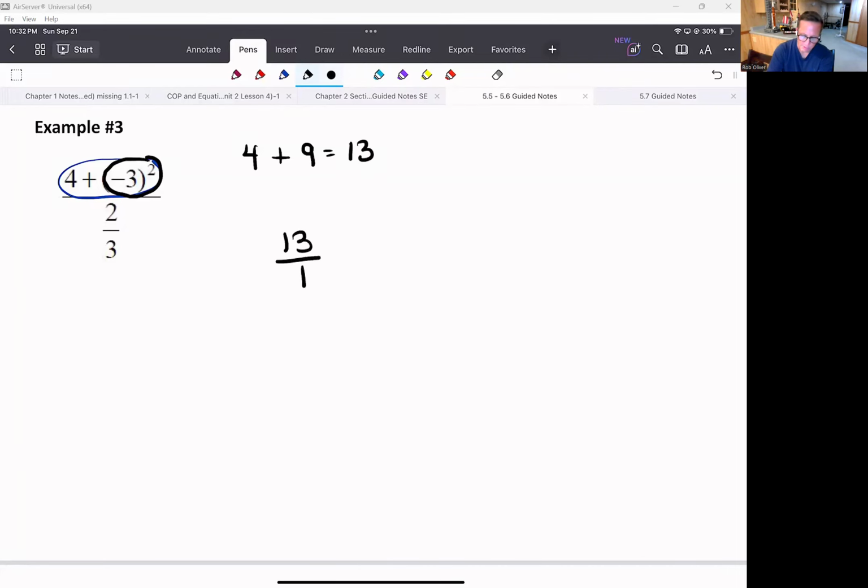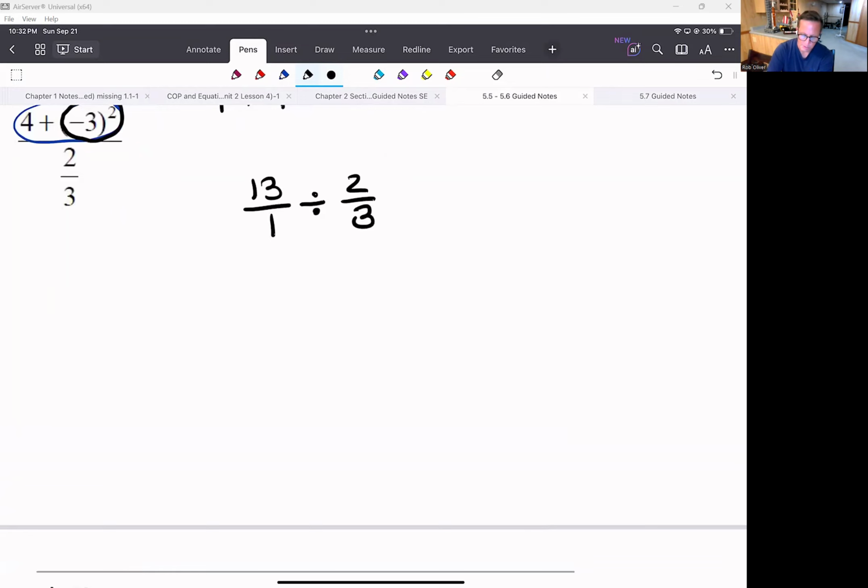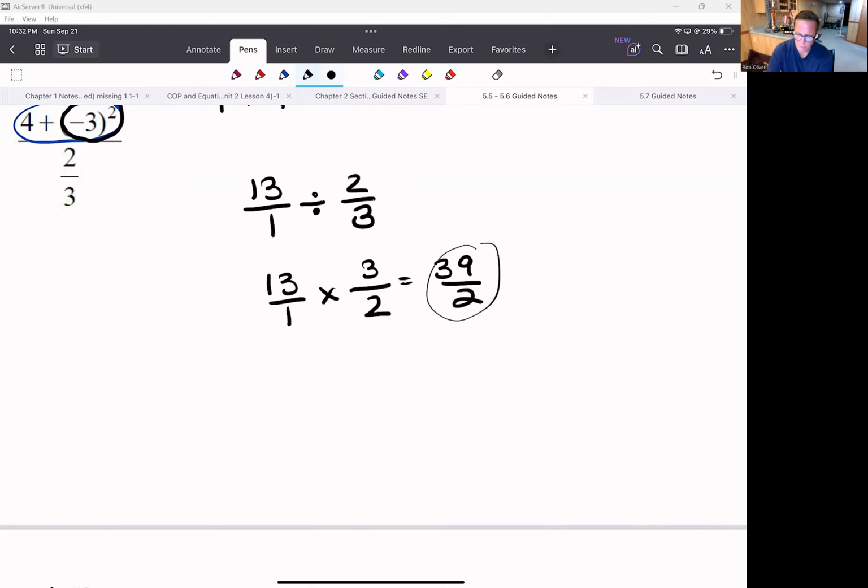I'll write it as division. 13 divided by 2/3. Keep, change, flip here. And that comes out to 39 over 2. See, and notice how the answer is no longer complex. 39 isn't a fraction. 2 isn't a fraction.